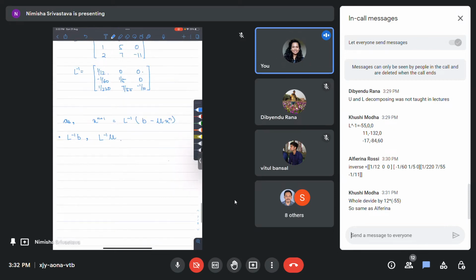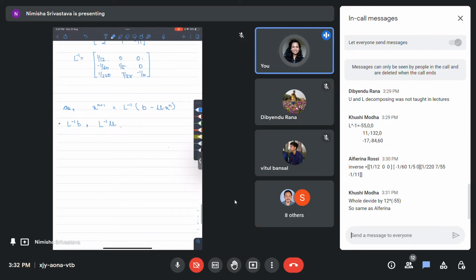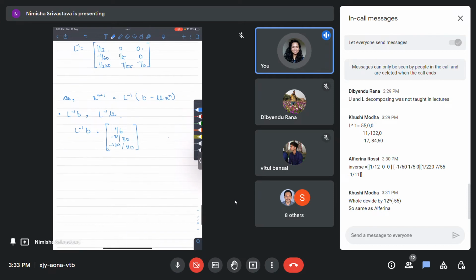So essentially, you will multiply this L inverse with the B matrix to get L inverse B. I'll just write down the final answer. Okay, hopefully we agree with that.